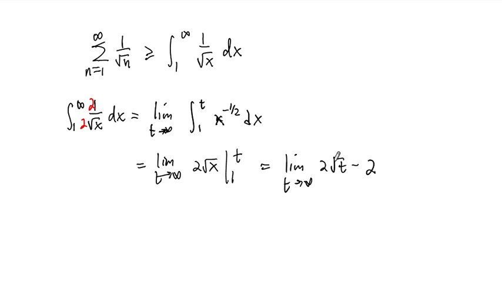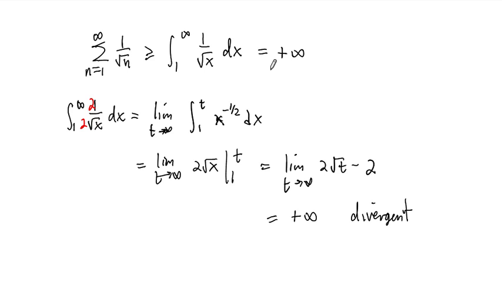All right? And as t gets larger and larger, the square root itself blows up, right? And we end up with plus infinity. So the improper integral itself is divergent. But look what we've got now. This integral is positive infinity, and the value of the sum of the areas of the rectangles is larger than the area underneath the curve.